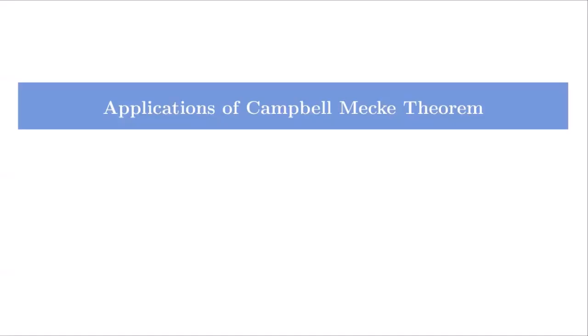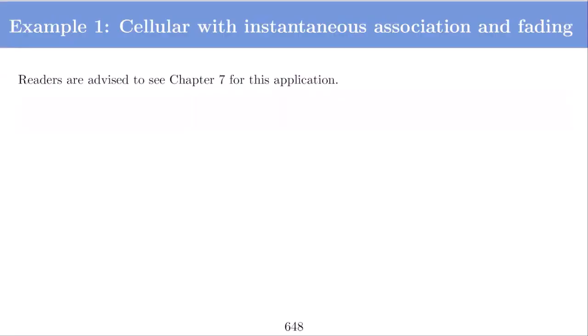Now let's look at some applications of the Campbell-Mecke theorem. The first example we will take is the cellular case, where you have instantaneous association with or without fading. This is a scenario which we started in chapter 7, the downlink performance case, but we then left it saying that we would require the Campbell-Mecke theorem.